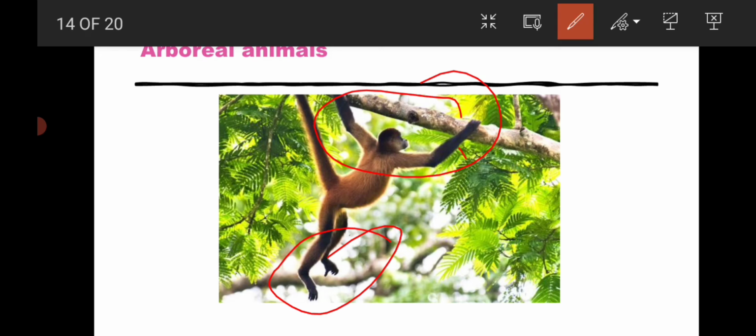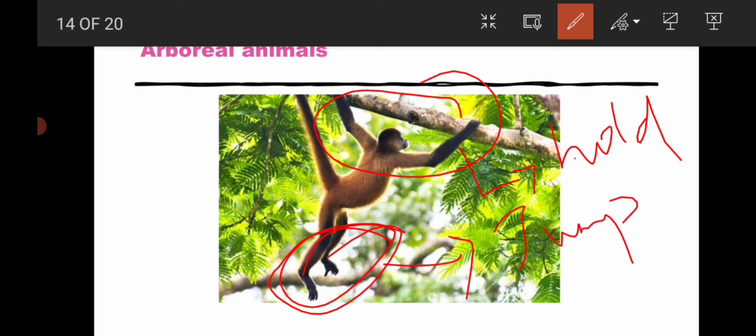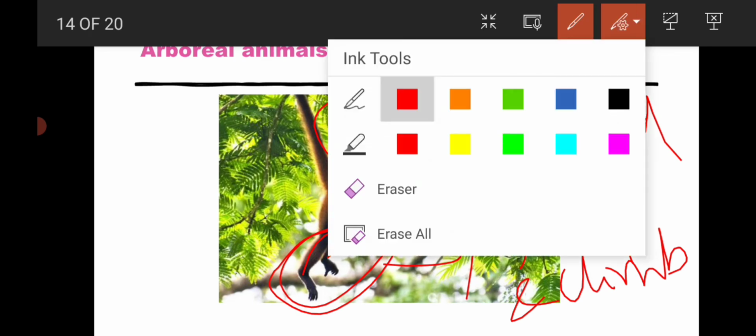You can see the hand is very strong for the monkey, so it can hold and hang in the trees. Their feet help them to jump and climb over the trees. So this is the special feature of these monkeys. These monkeys spend most of their time in the trees.